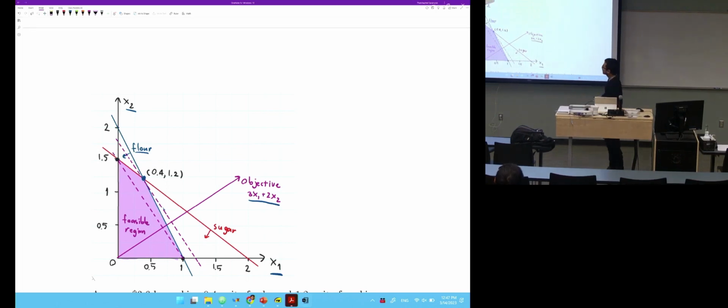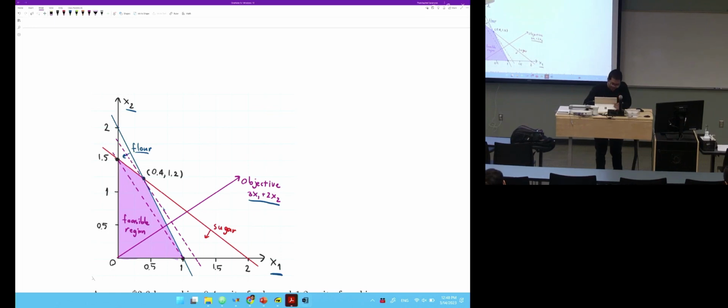Actually, it's quite easy to see that once you have a feasible region and you have some direction, your optimal solution must be at a corner. Even if I don't know where the direction of the objective is, the optimal point must be at a corner, because if it is in the interior of this feasible region, no matter what direction it is, you can always go further.